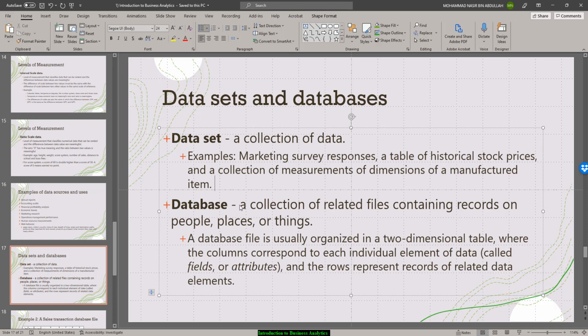Right? So usually database dalam company dia akan connect to banyak entities lah. Database file usually organized in two-dimensional table. This is for a structured database. If you are working in IT companies, they maybe have a non-structured database called NoSQL database.